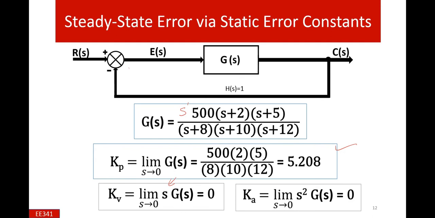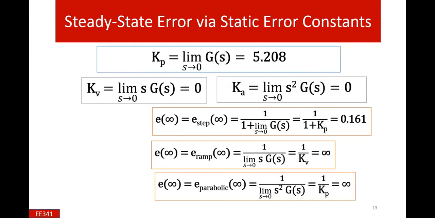It is a very important conclusion that if we have type 0 systems and we want to find the error constants, the position constant has some constant value, and the velocity and acceleration constants are 0. So this makes the steady state error like this.